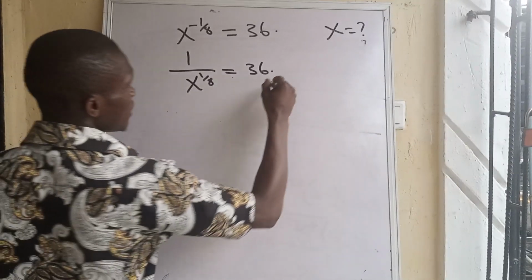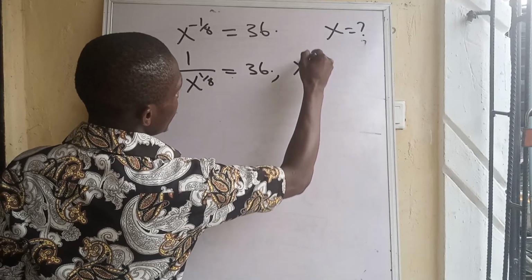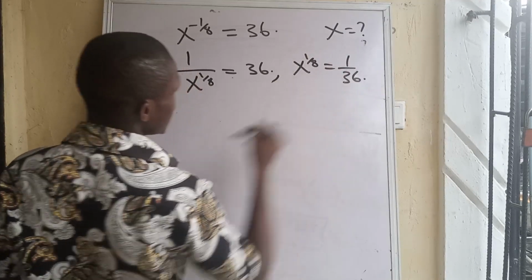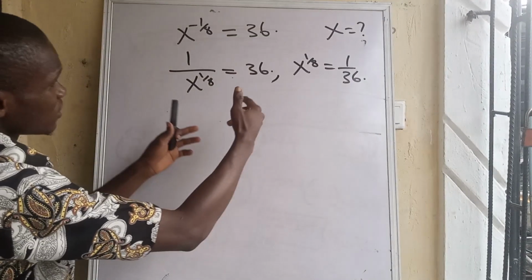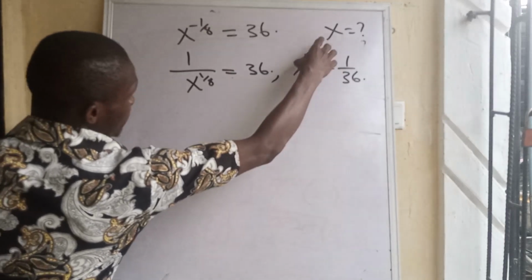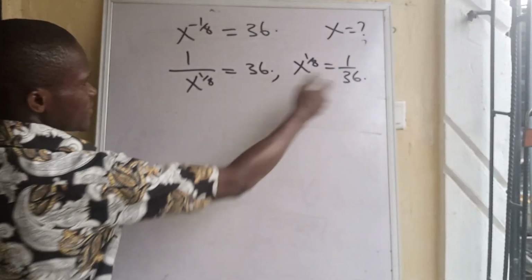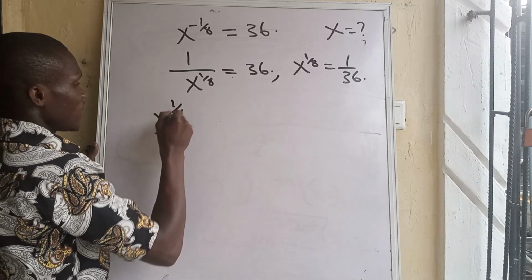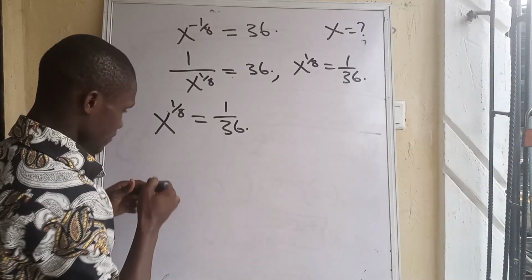Having that, we can write x to the power of 1 all over 8 is equal to 1 all over 36, by changing the equation: putting this at the up, then putting this at the down. So this is what we got: x to the power of 1 all over 8 equals 1 all over 36.